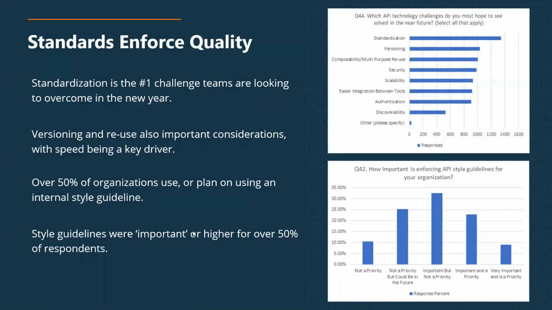And style guidelines were important or higher for over 50% of respondents, as we can see on the right-hand side here. As I mentioned, more and more companies are trying to find out what those key elements within their APIs are and how they can make those more consistent or standardized.